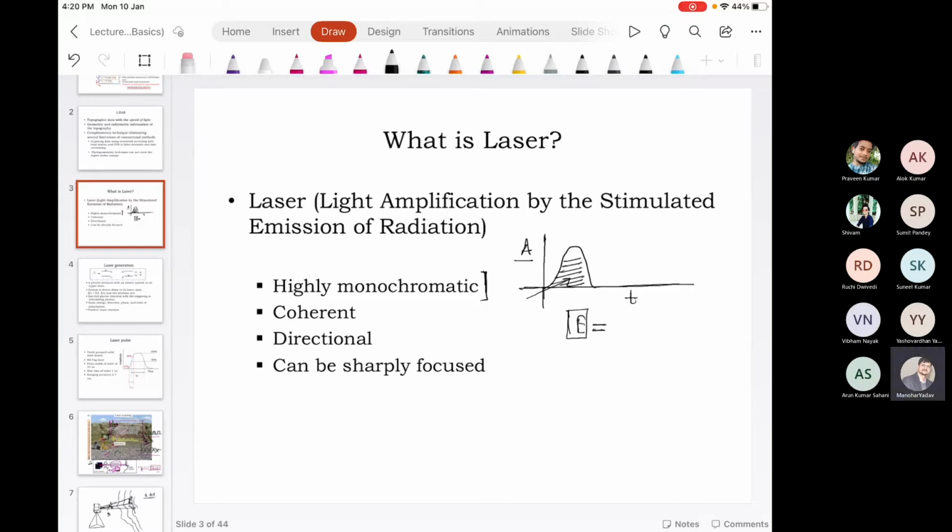Now, when we talk about multiple photons combined together, at what wavelength are the photons generated? So that is highly monochromatic. It means a fixed wavelength laser beam is generated.